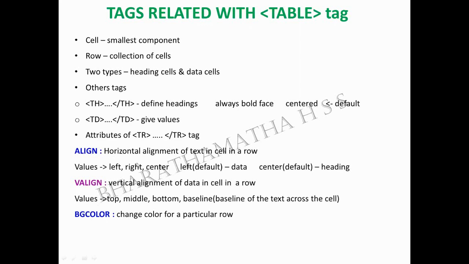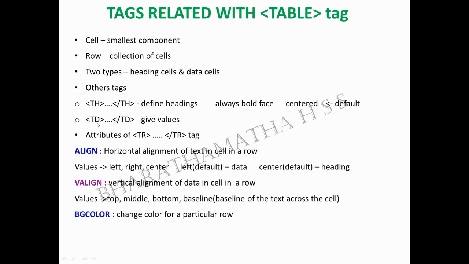Align means horizontal alignment of text in a cell or row. So how you want to align the cell? By default, for your data it is left align, and for your heading it is center align. So you can go on to change that alignment. You can change it for a row or for a single cell. All those we'll see with examples.